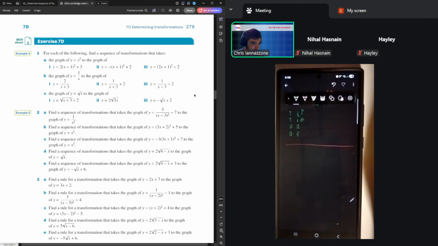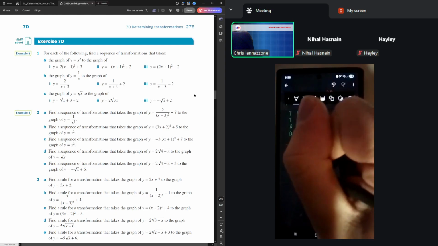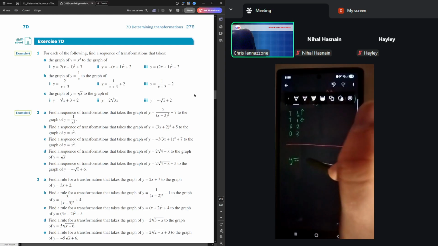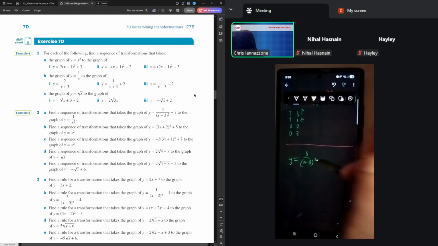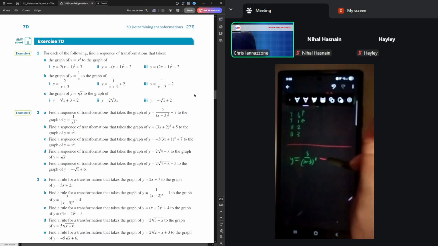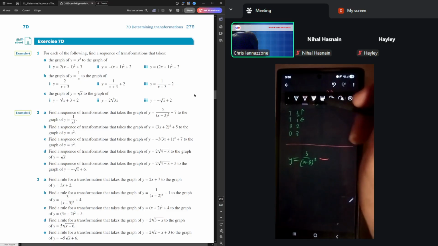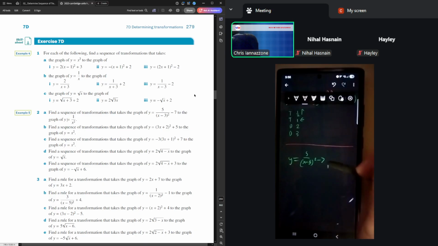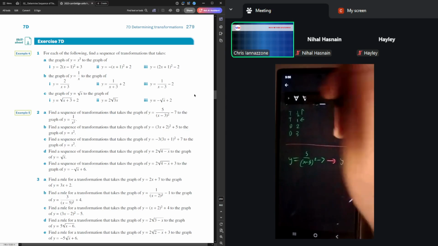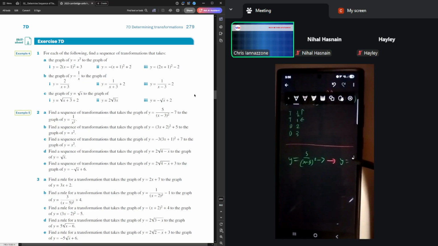Okay, so we're starting at y equals 5 on x minus 3 all squared, and we're heading, wait, hang on, is there more? There's a minus 7 in there. Minus 7, and we're heading towards just y equals 1 over x squared.